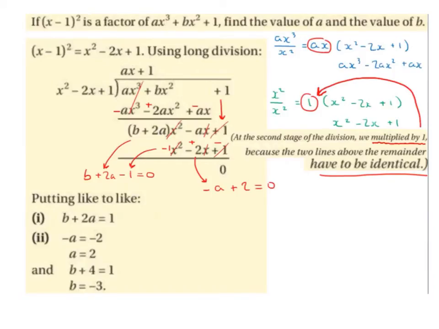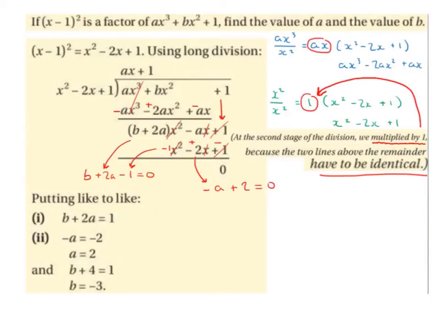Remember, that was originally 1x squared, so we could say b plus 2a is equal to 1. It doesn't matter which way you want to set it up. Likewise, we could say minus a plus 2 is equal to 0, forgetting about the x's because we've matched up the x's. You could bring the 2 over the other side and it would be minus a is equal to minus 2, and then a is equal to 2.